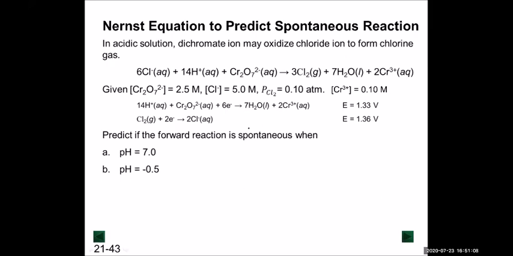And we have 2 conditions. This is the combined overall reaction. And we were given the concentration of ions for each. For protons, proton concentration is not given, but we were given the pH.